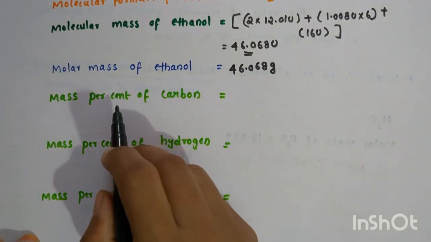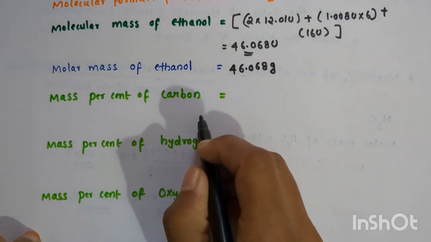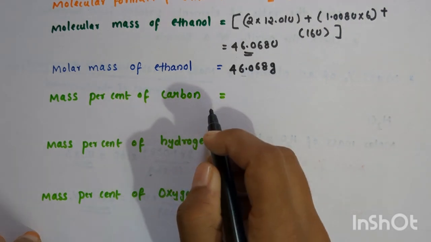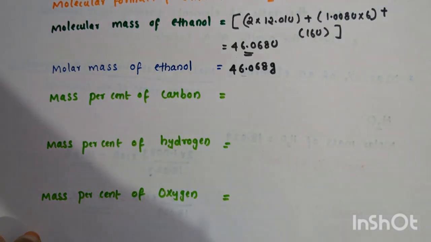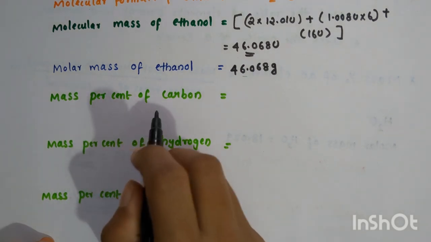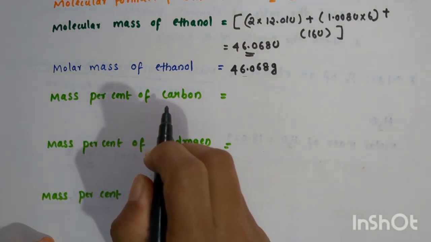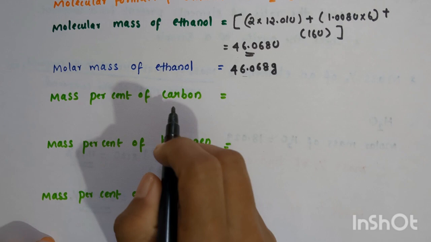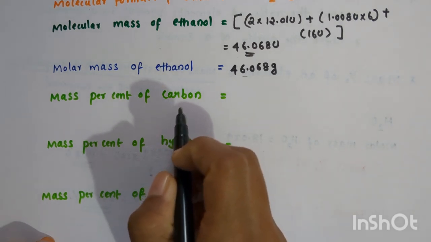Now, what about the mass percent of carbon? Mass percent is equal to the mass of that element in the compound divided by the molar mass of the compound, into 100.